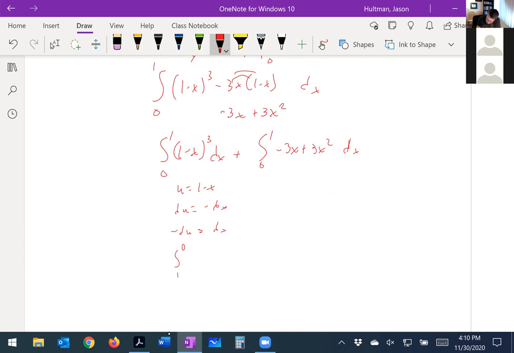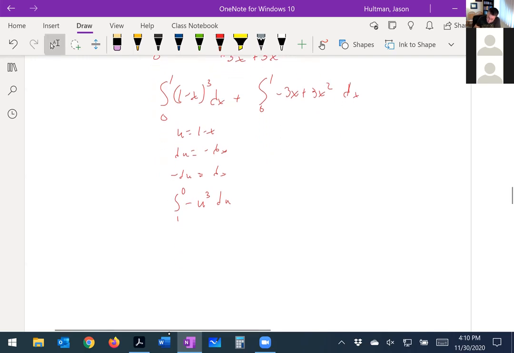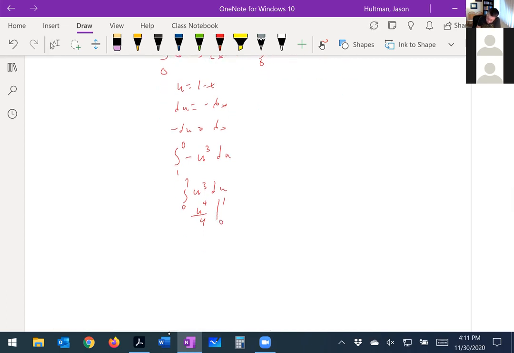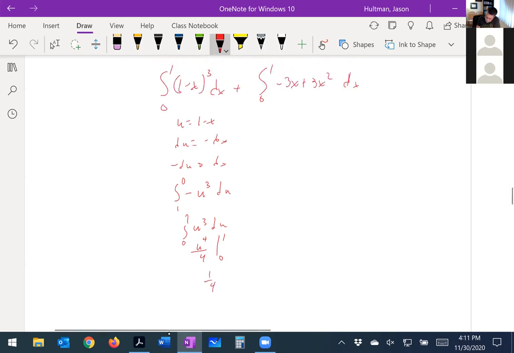That's going to make this a negative u cubed du. If I were to reverse the limits, I'd get rid of that negative. So this is just u to the 4th over 4, evaluated from 0 to 1, which is 1/4. So positive 1/4 for that.